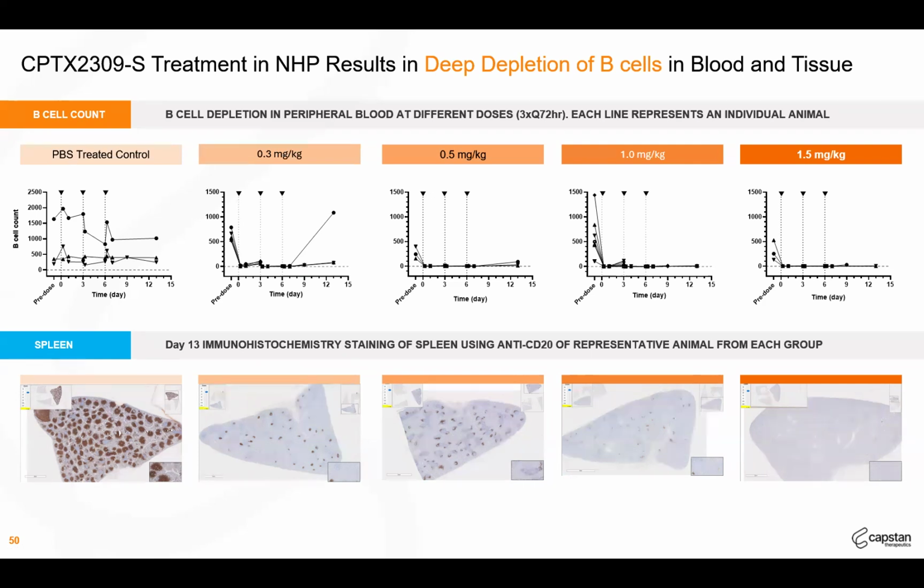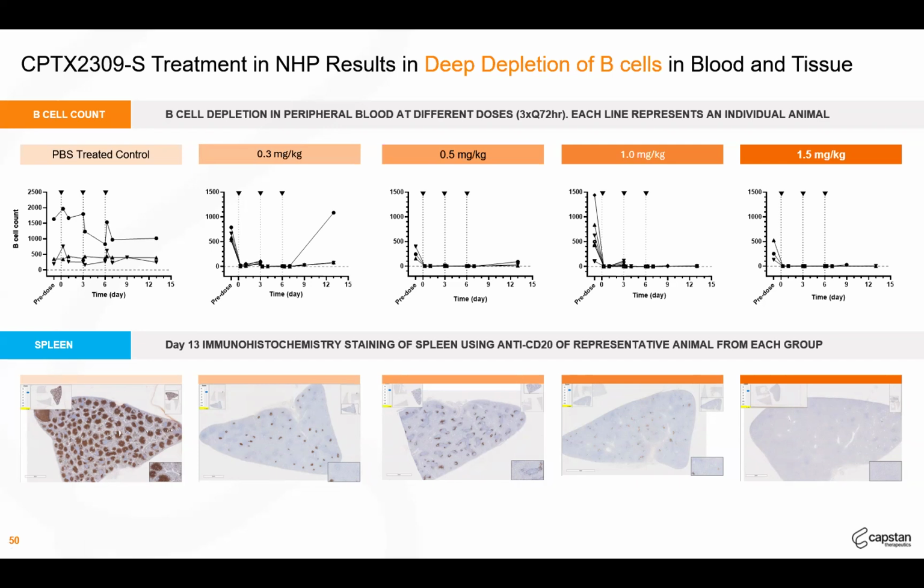This is showing deep depletion of B cells, not only in blood rapidly, but also in tissues. So up top is the different dose level and depletion of B cells in blood in these monkeys. And this is the spleen. And we also see that dose response of the tissue depletion in spleen.